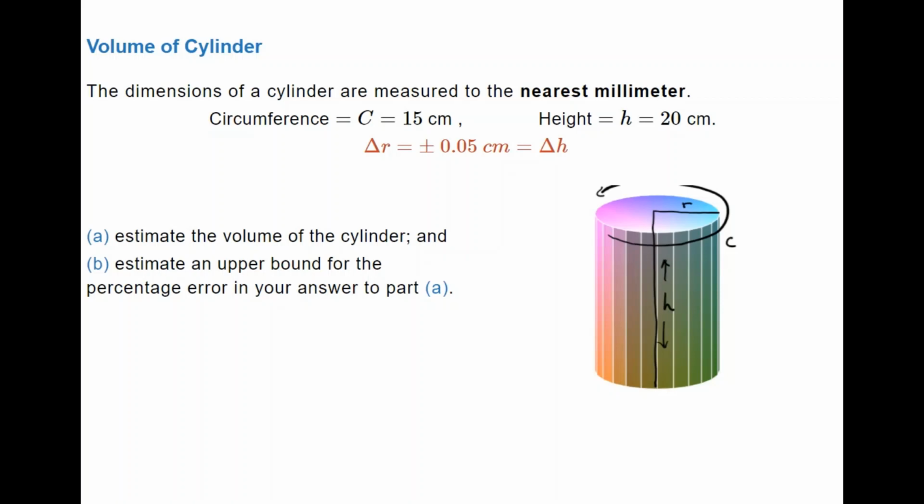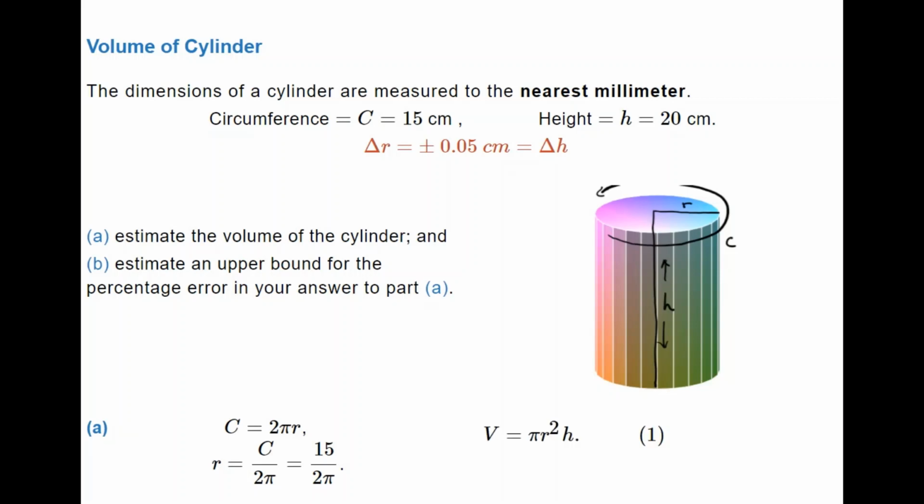So the first part is straightforward. We see that we can find the radius of the base with the help of the formula that we use to find the circumference, which is C equals 2 times pi times R. So R can be taken as C divided by 2 pi and can be measured accurately from here.